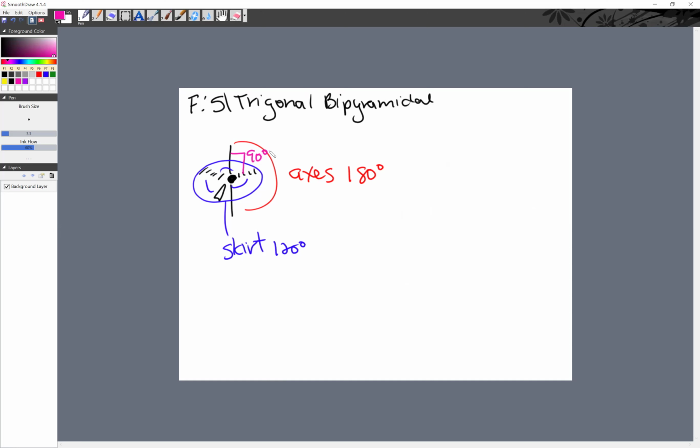Okay, so those are the basics. And of course, if you have family 5 or family trigonal bipyramidal, and if they're all bonds, then the shape is also trigonal bipyramidal.